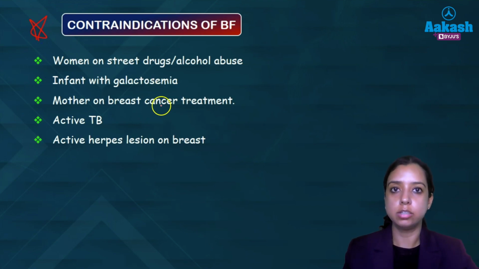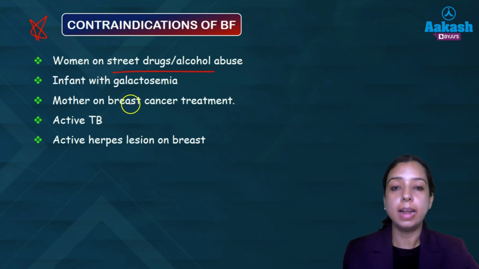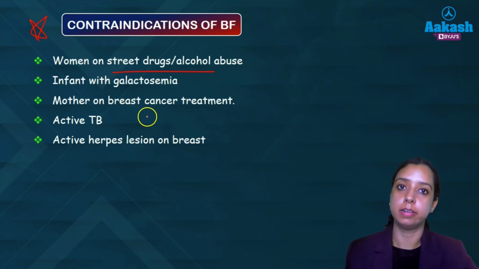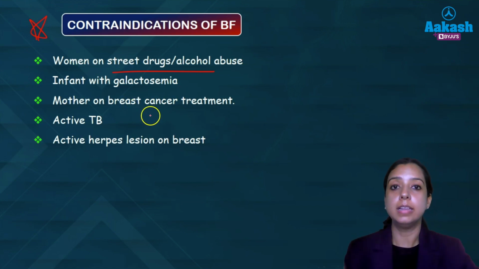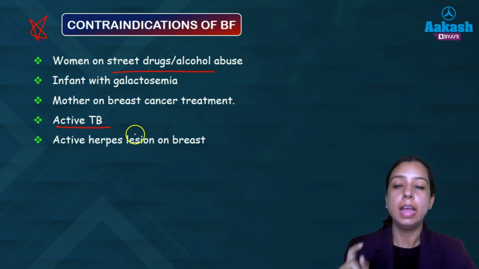So contraindications of breastfeeding are the following: women who are on street drugs or alcohol abuse, an infant who has a history of galactosemia, and a mother who's on breast cancer treatment. These three. Other than that, infection. Active tuberculosis is a contraindication for breastfeeding, and one more infection, and that is herpes.